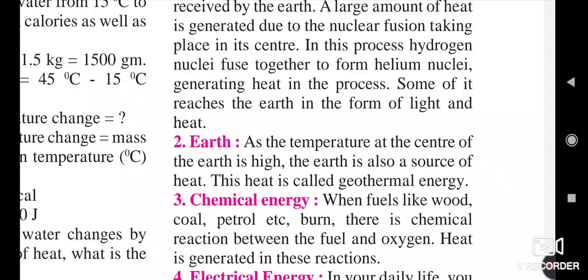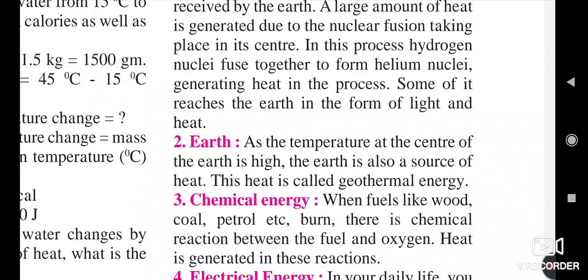Underline this line: the earth's own heat in its core or under the lithosphere is called geothermal energy.